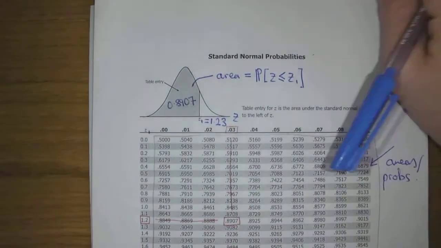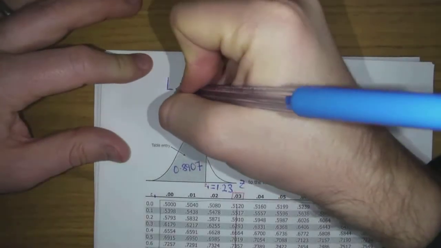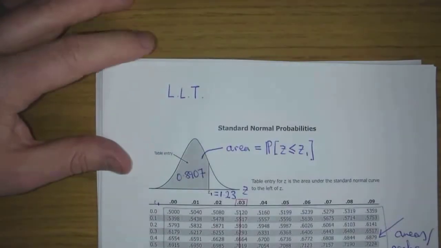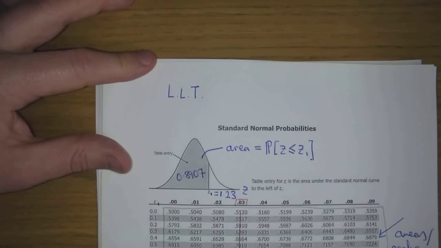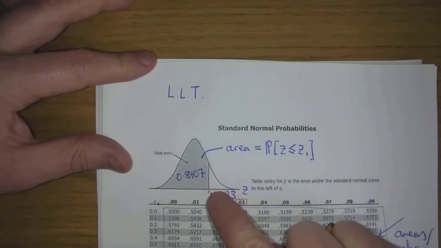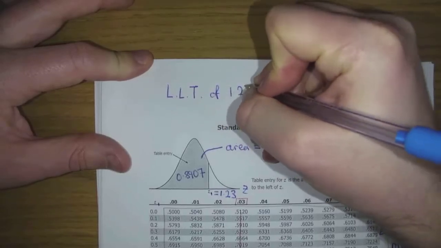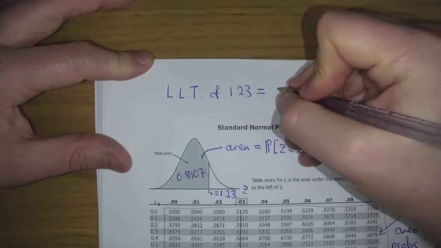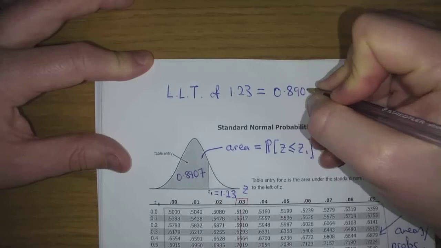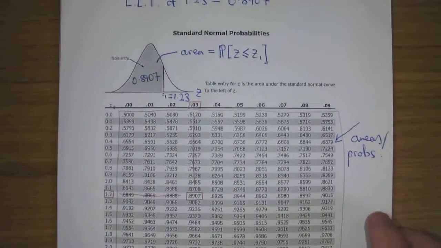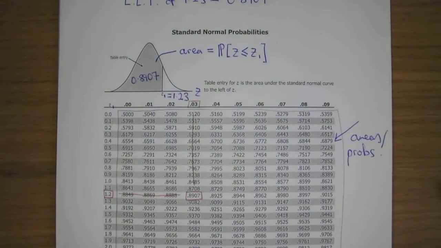So I might write down something like the long left tail, LLT. It's long because it's bigger than 50%, left because it's going left, tail because it's a tail. The long left tail of 1.23 is equal to 0.8907.